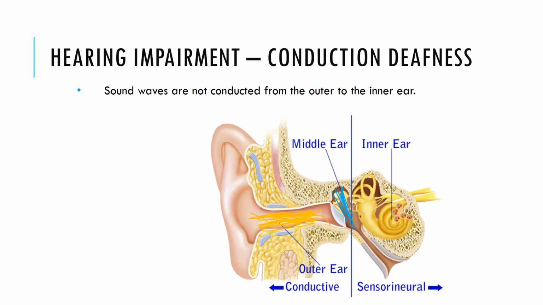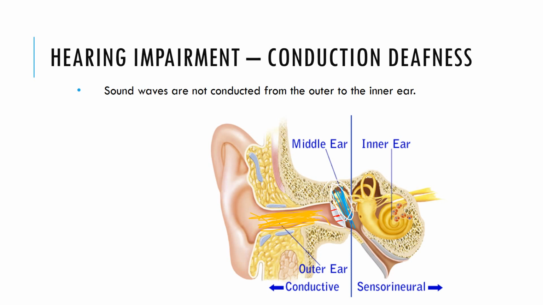Also, there could be damage to the tympanic membrane, or there could be overgrowth of the bone within the middle ear here. And so all of these are going to impair hearing of sound frequencies.